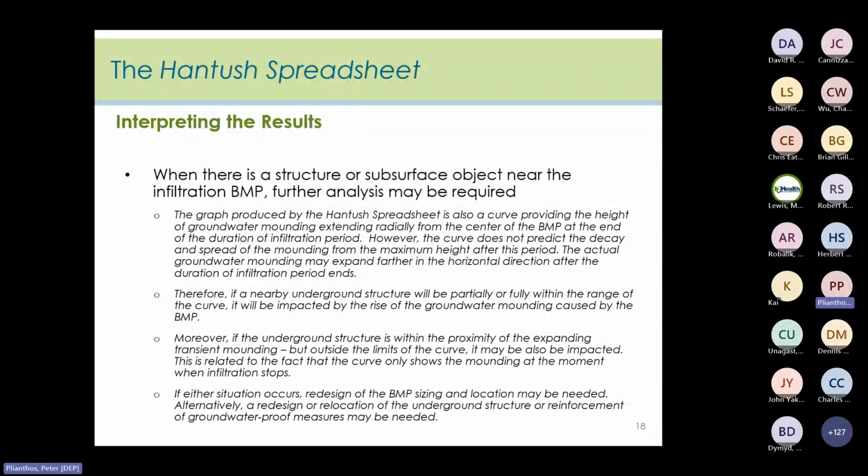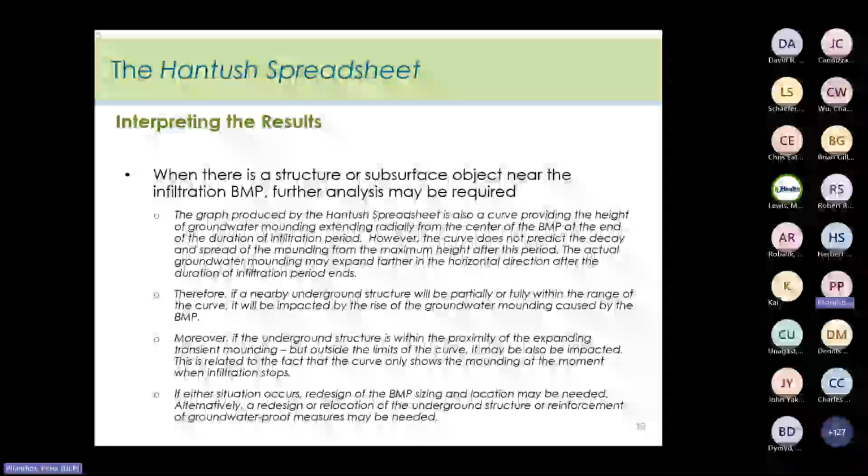During decay, while the maximum mounding height under the center of the basin will reduce, the mounding will expand into the horizontal direction and potentially cause the tails of the mounding curve to rise higher than the height at the beginning of the decay.